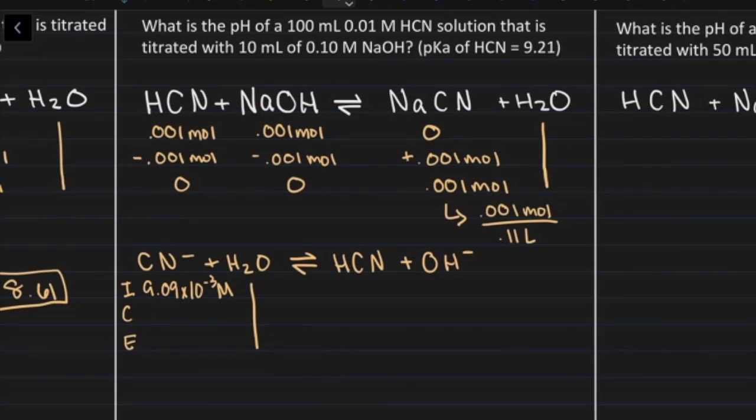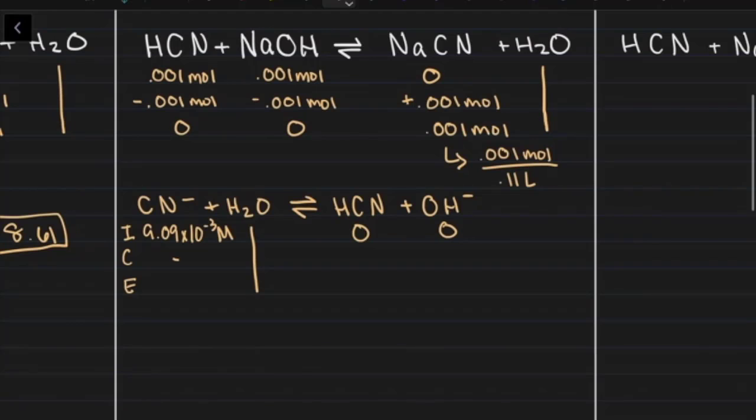So when we do this ice table, we'll have none of the HCN and OH minus at the beginning. We'll have our change of negative x on the reactant side, positive x here, and then our equilibrium will be 9.09 times 10 to the negative third minus x, and then plus x and plus x.